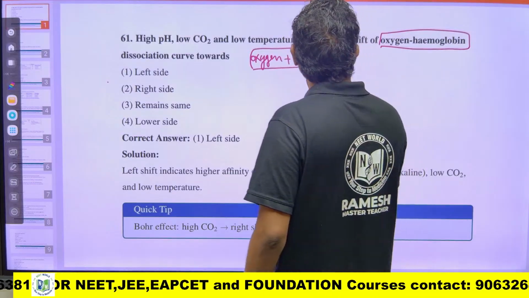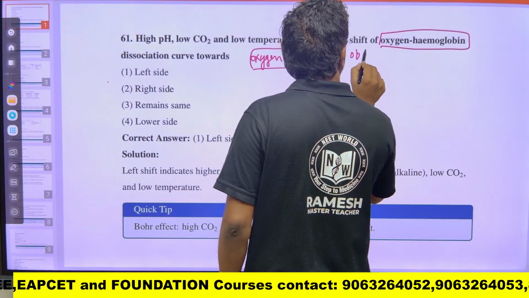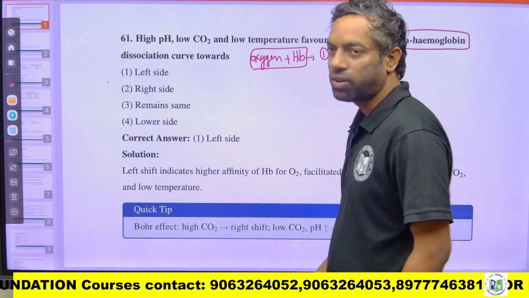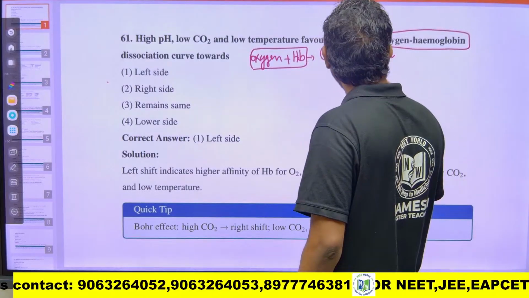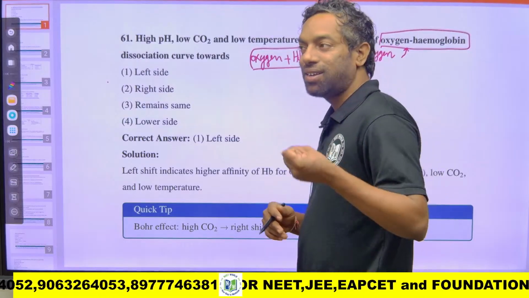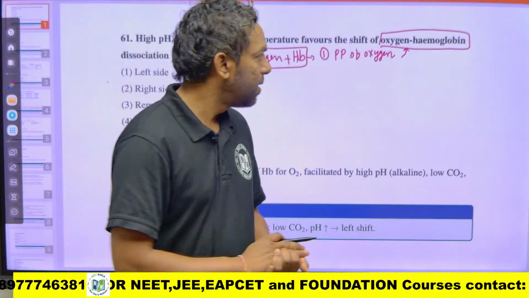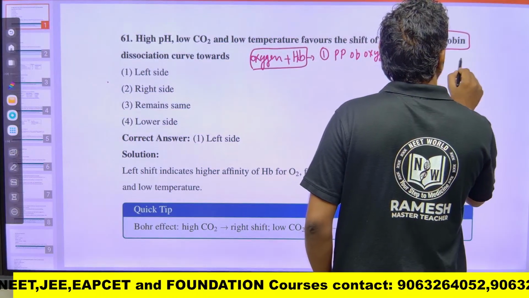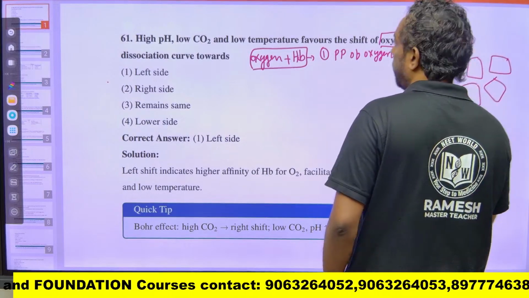Of course, the first factor is the partial pressure of oxygen, which leads to the binding with hemoglobin, forming oxyhemoglobin. The hemoglobin can carry the oxygen to the tissue through the blood.